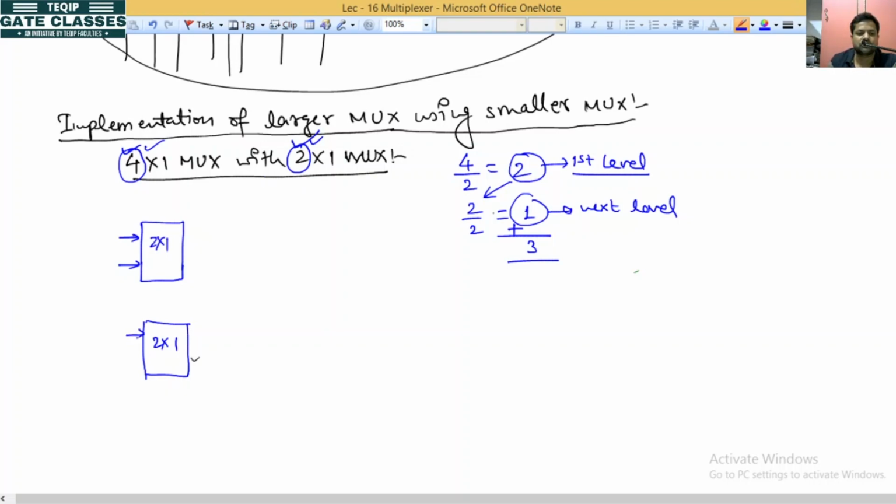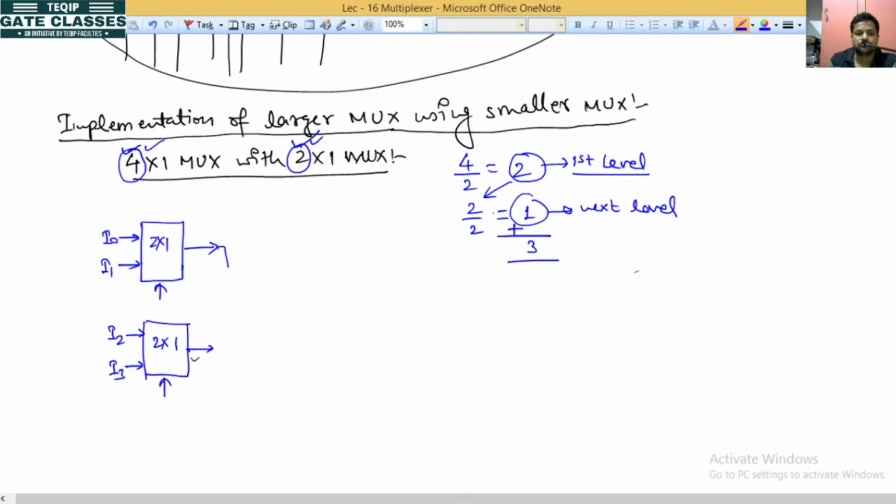You can handle the 4 inputs of the 4x1 mux, I0, I1, I2, I3. Now we have one output from here, one output from here, and one more thing, the selection line. One selection line here, because we have 2 to the power 1.